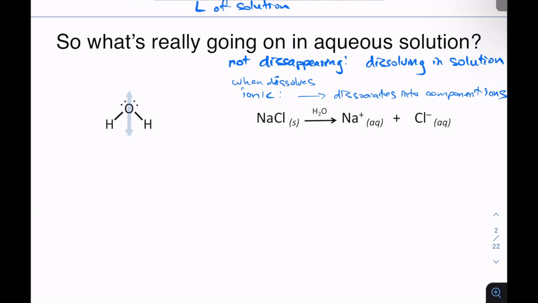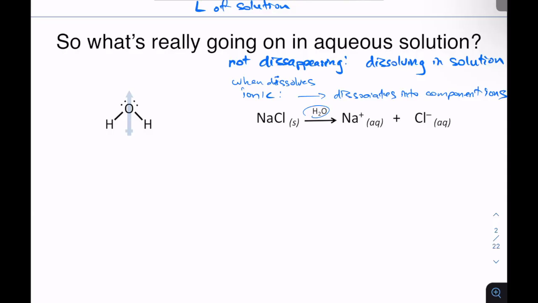So notice the subscripts that I'm using for the states of matter. We take solid sodium chloride, and I'm putting it in water. So I put the water, in this case, just over the reaction arrow. And I end up with the two ions, and they're in aqueous solution. That's how we write it.